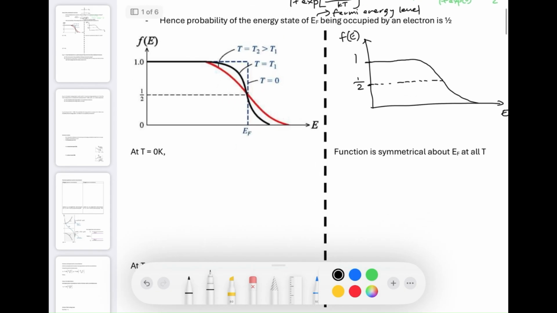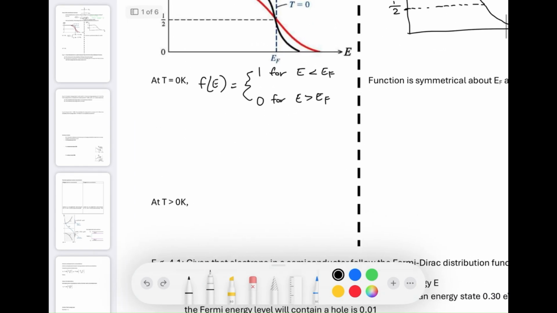Now let's look at the semiconductor at T equal to 0 Kelvin, so absolute zero. At T equal to 0 Kelvin, F(E) equals 1 for E smaller than EF, and 0 for E larger than EF. Why is that? You can see it in the graph. T is in the denominator of the equation.